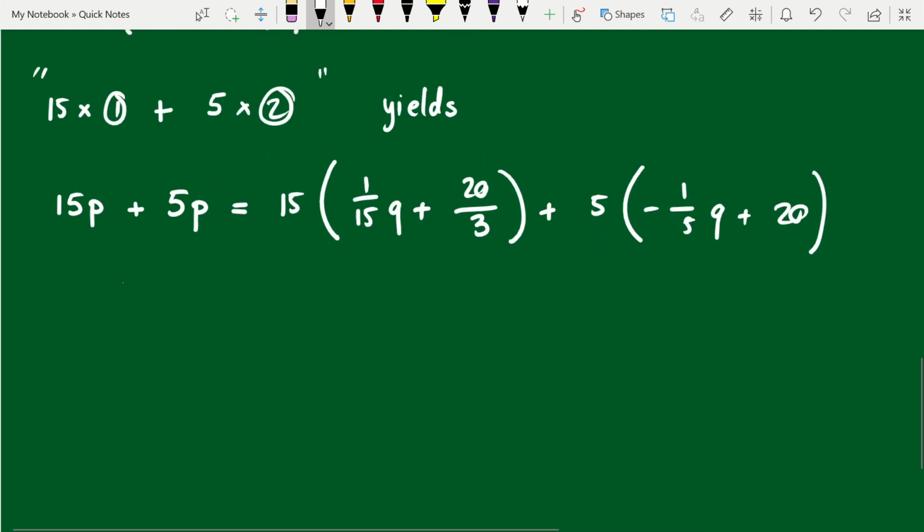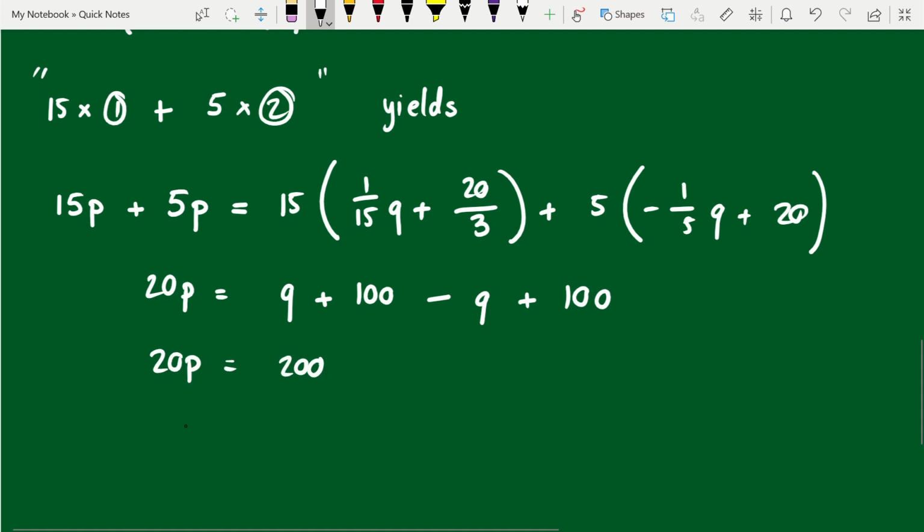What I'm going to do is process the information there. We get 20p is equal to q plus 100 minus q plus 100. Therefore 20p is equal to 200, and so p is equal to 10 as before.